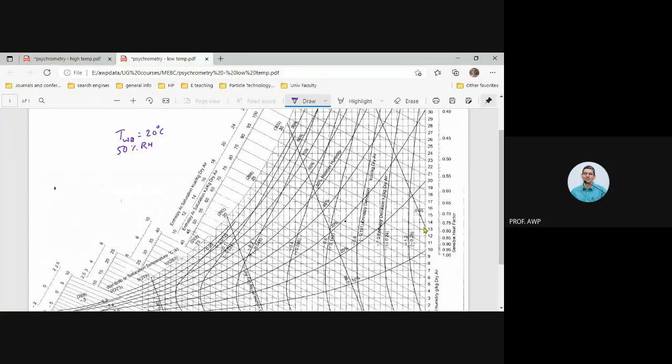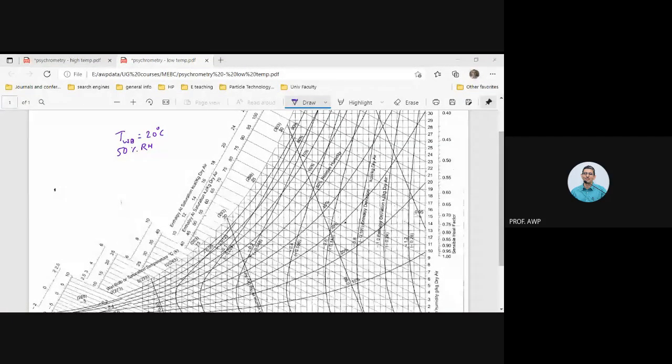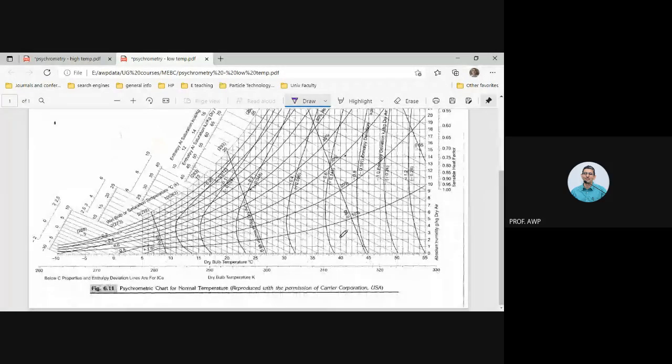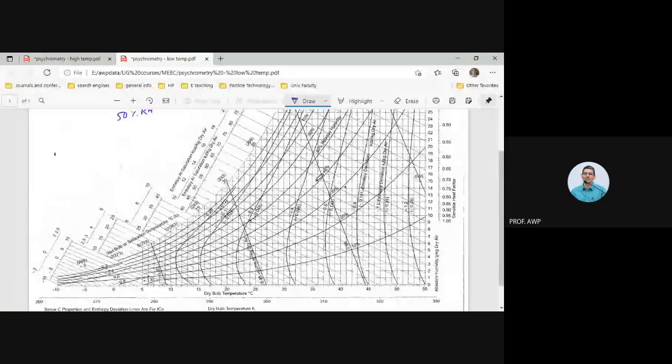You just have to read from the chart. Use the low temperature chart for the first problem. And even the second problem you can do with the low temperature chart.